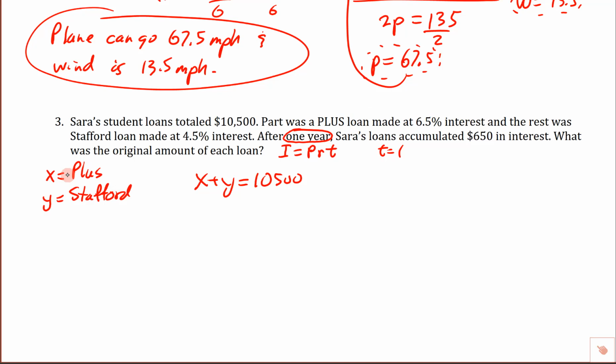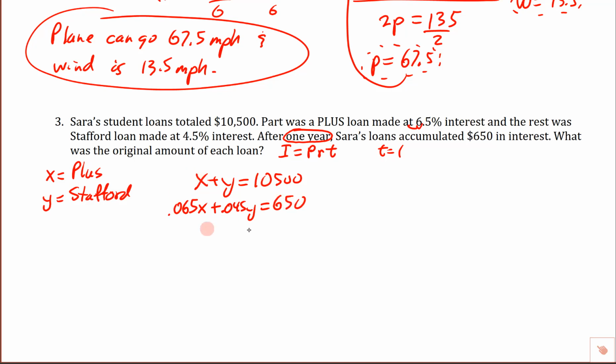And the plus loan is X. So we're going to do 0.065 times X. Remember, to change this to a decimal, we move it over two places. That would be 0.065. And then this is going to be 0.045 times Y. I didn't make those things line up very well. And then the total interest, it says she accumulated $650 in interest altogether. So this is going to be $650 right here.